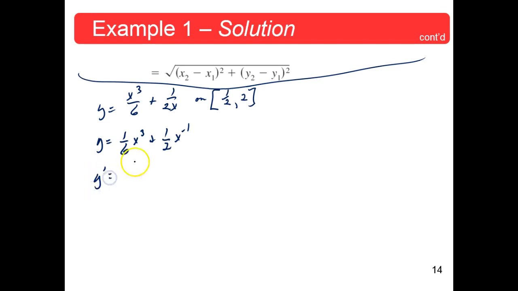y prime is equal to x to the 4th over 24? No, you're taking a derivative, not integrating. Okay? x squared over 2? Okay, not quite. 3x squared over 6, which is 1/2 x squared. Okay, finally got it out of you. Next.